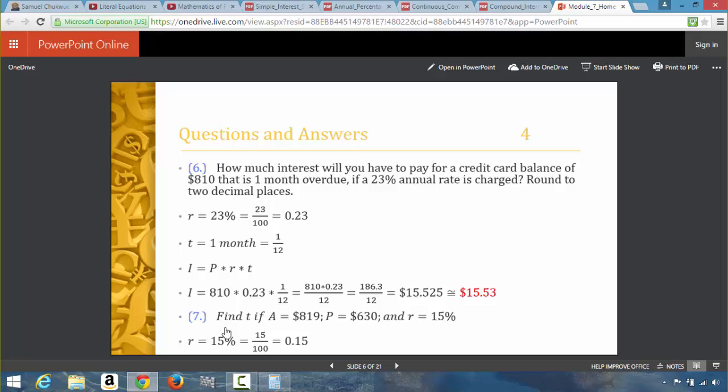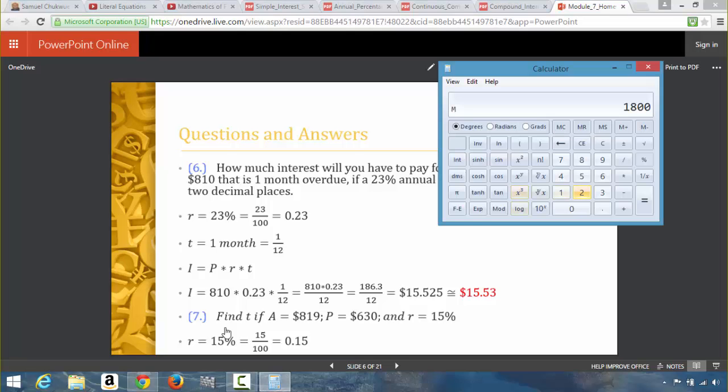If you will not have a terminating decimal, then it is better you do this as fraction. Some of you might try to do 1 divided by 12. It will give you a non-terminating decimal.